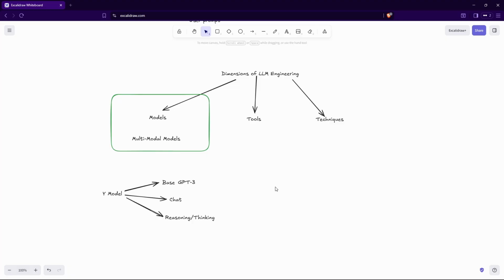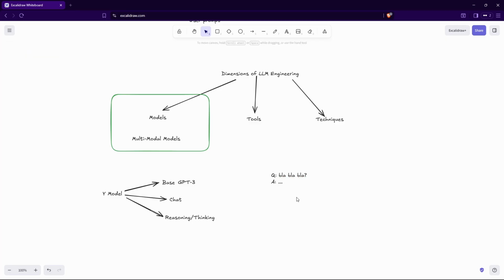When they did the prompting, they would query the base model with, hey, I have a question, and then they would somehow say, hey, answer, and then something.